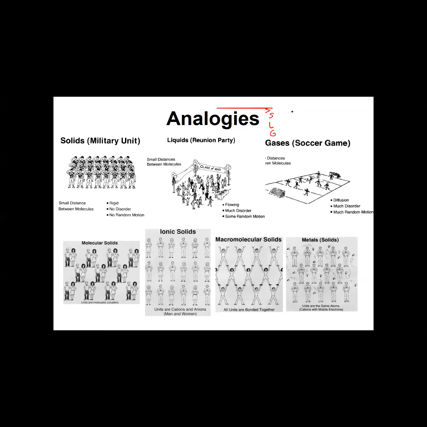Usually, the simplest way to differentiate the three is just by looking at their shape and volume. So solid would have a definite shape and a definite volume. Liquid would have a definite volume but not a definite shape. While gas has no definite volume and no definite shape.